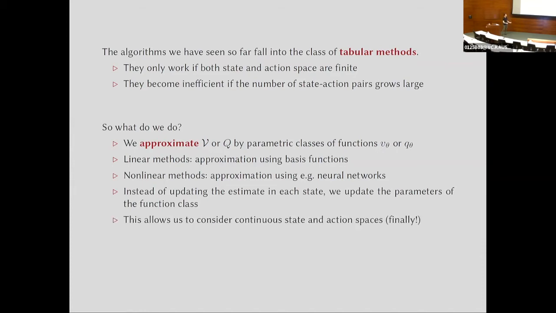And like this, we can do continuous state and action spaces. So if the state space is the real line, we would have an uncountable number of states that we have to update using these tabular methods, which is infeasible. If you approximate everything by polynomials, you have a finite number of parameters to get your approximation. That's the idea: reduction of complexity.